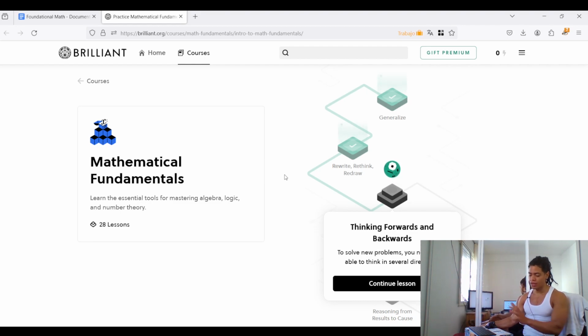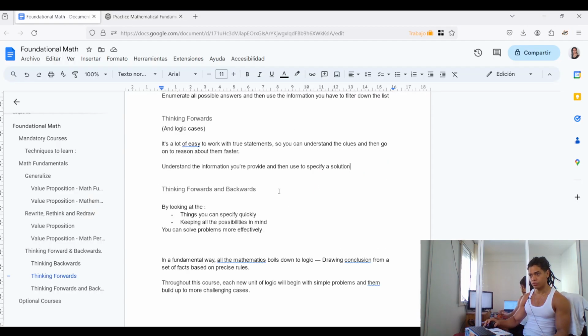And the other is thinking backwards, which is to enumerate all possible answers for a problem.